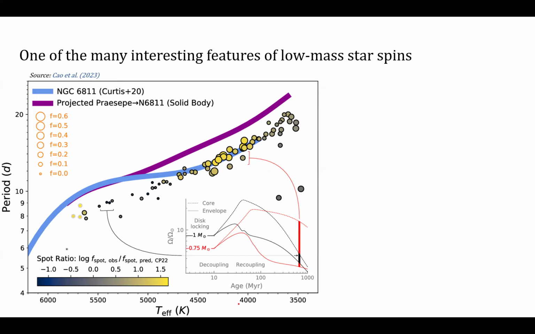And groups have tried to explain this stalling and this overactivity by using internal shear as the driving mechanism. Their essence is like this. The magnetic braking slows down the envelope of the star, but there is very strong shear that spins up the envelope.